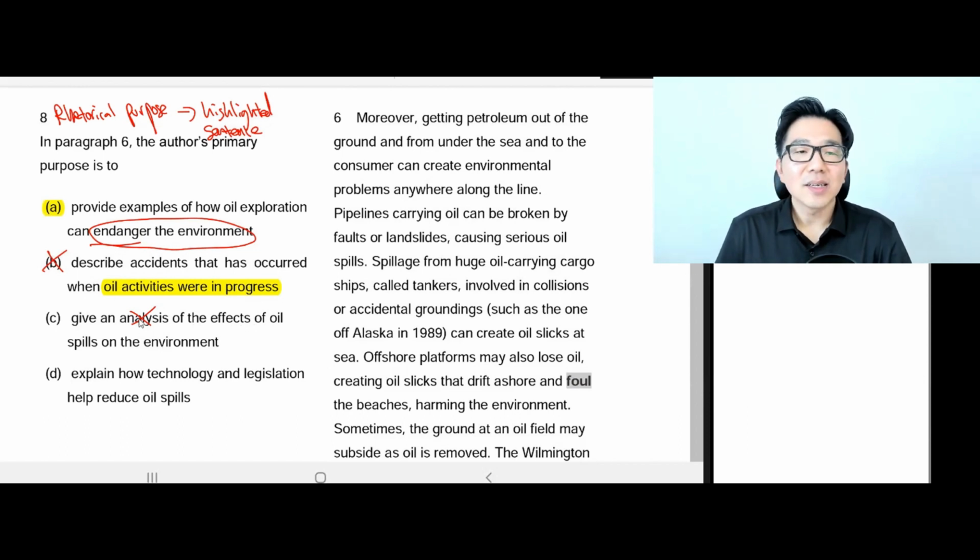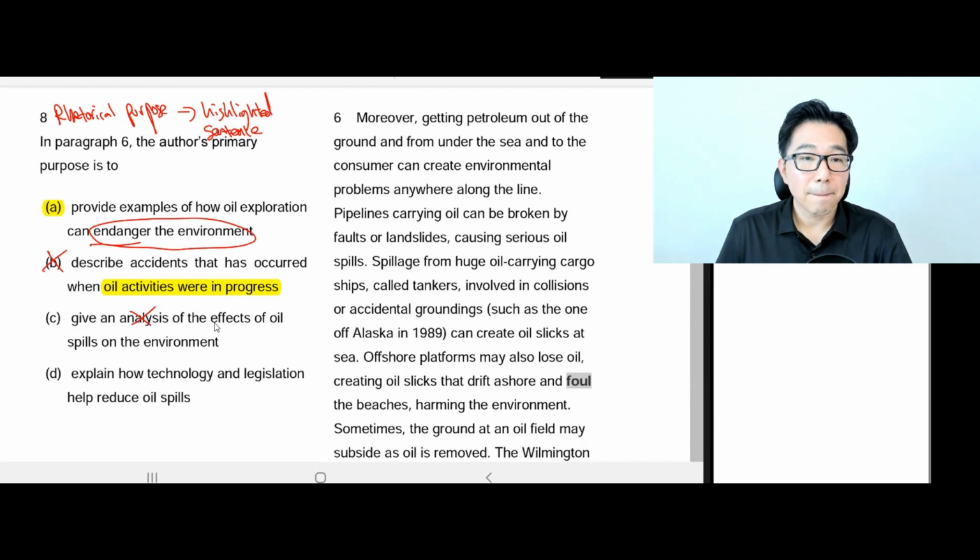They tried, maybe confusing, but it's not analysis. It's just a statement, which is oil exploration can endanger the environment, and they're providing an example to support that. That's the purpose. That's the flow.